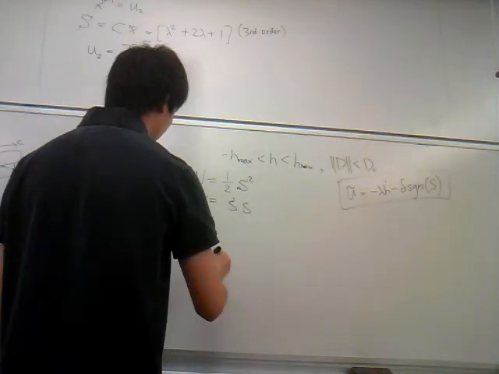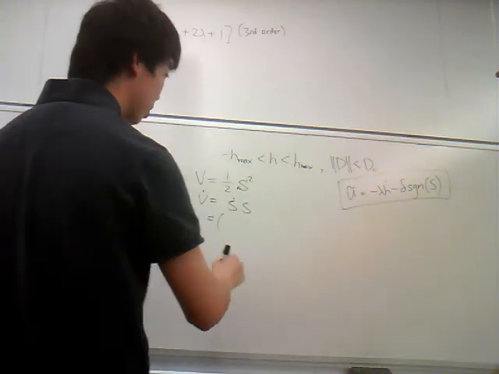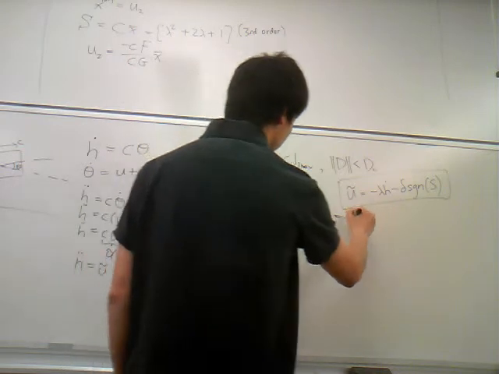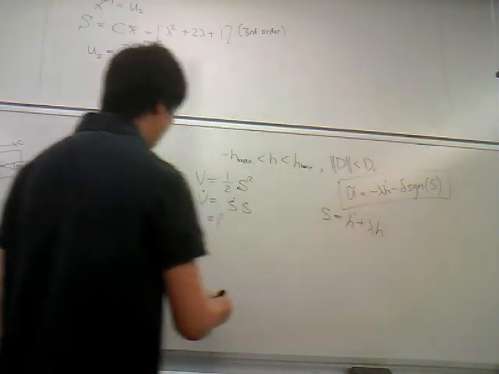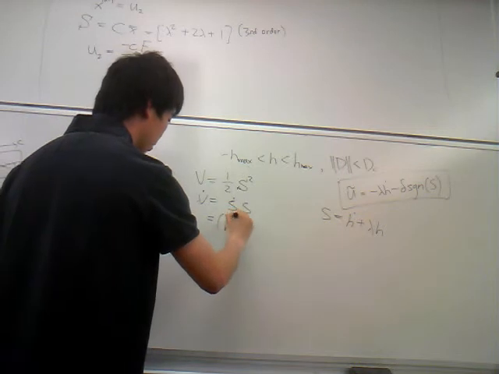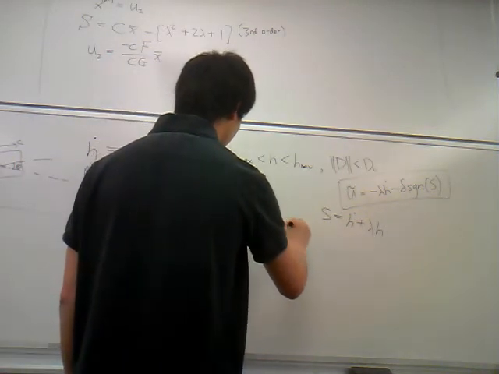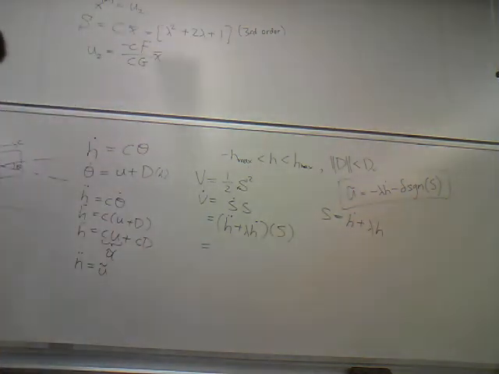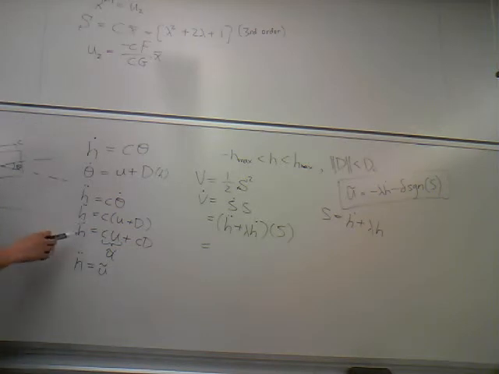So this gives us S dot S, where S equals h dot plus lambda h. So this is h double dot plus lambda h dot, times S. Now we can put in our real plant over here.